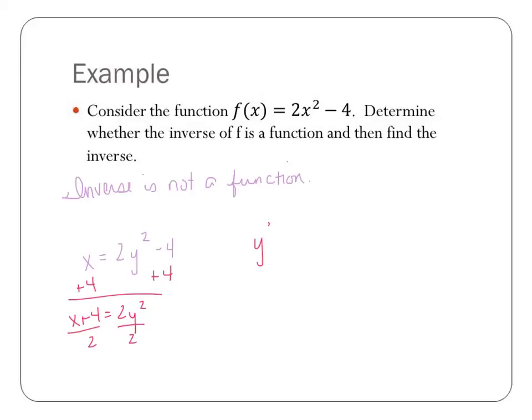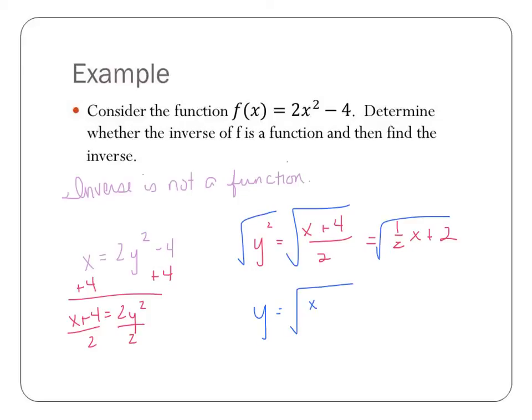So y squared equals, and you could just leave it x plus 4 over 2, or you could write it as 1/2 x plus 2, either way. And then, to get rid of that square, we're going to have to square root. And so however you want to leave it, there is the inverse, which is going to get us ready for the next section, which is going to be graphing square root functions.